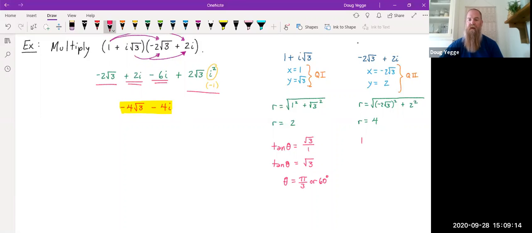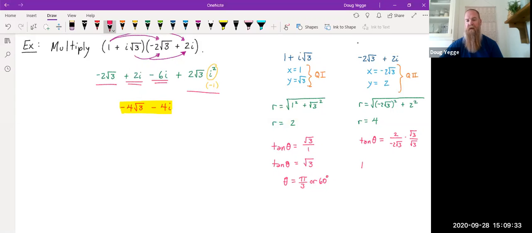If we go over here, we get the tangent of theta is equal to 2 over negative 2 root 3. And we could cancel the 2's and multiply by root 3 over root 3 in order to rationalize.